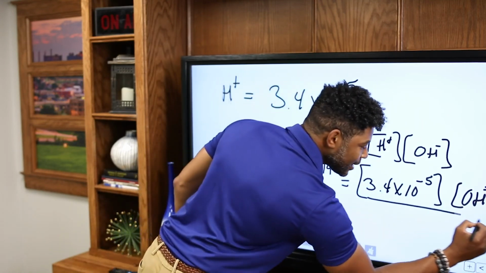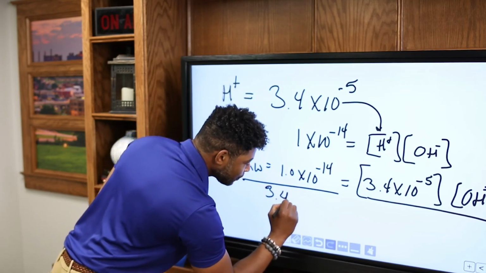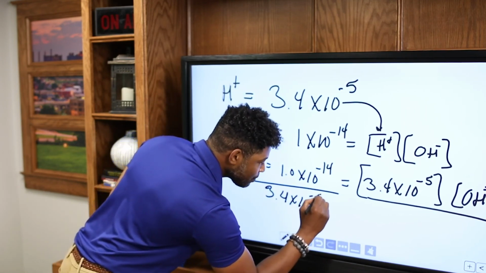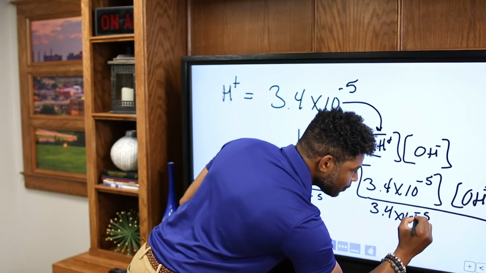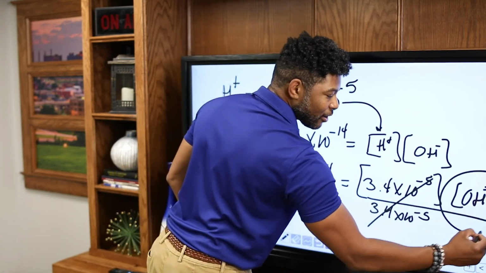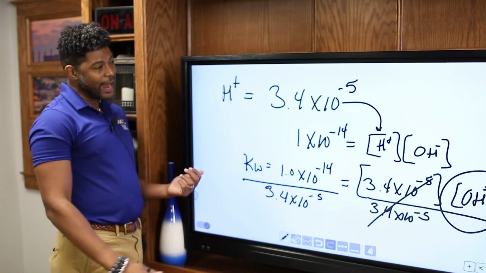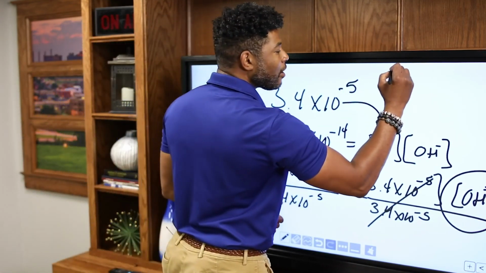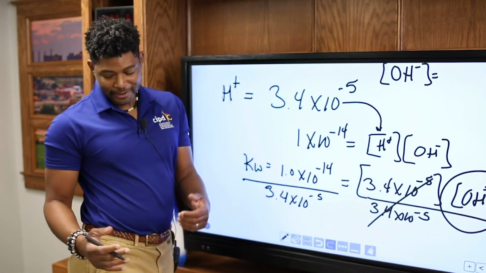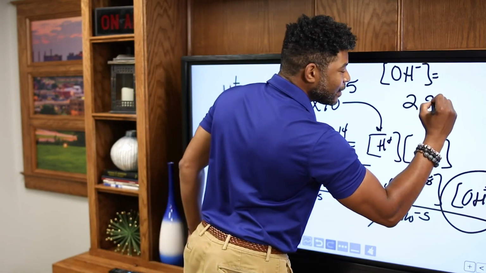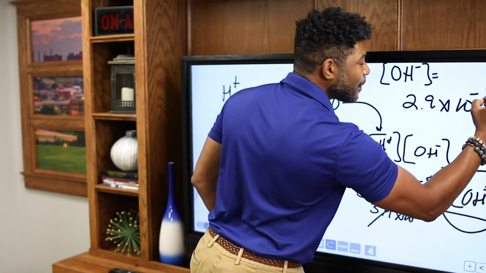Okay? So if we divide both sides by this number, then what we're left with is just our OH- concentration. And this is going to give you an OH- concentration of, hopefully you have your calculators, 2.9 times 10 to the minus 10.